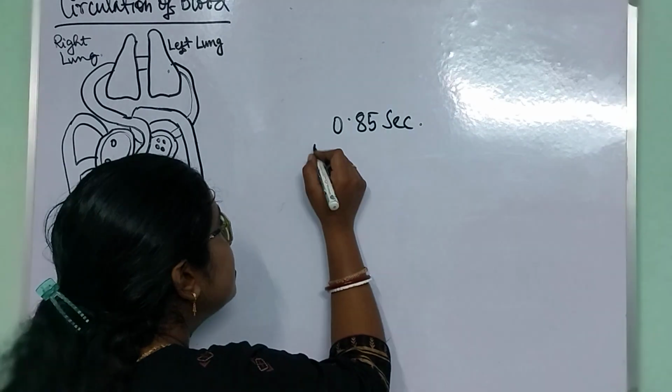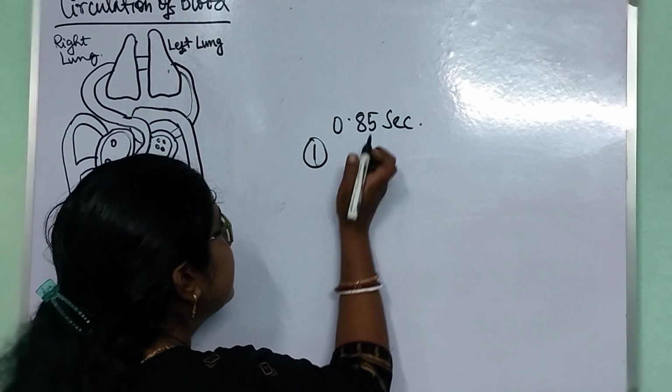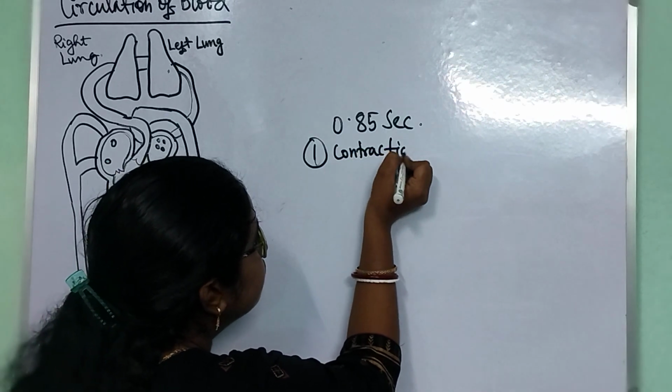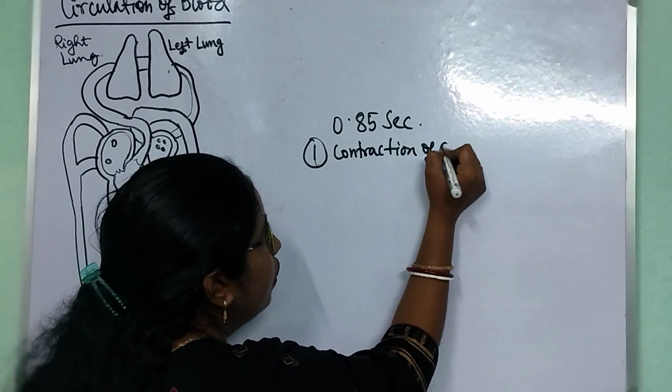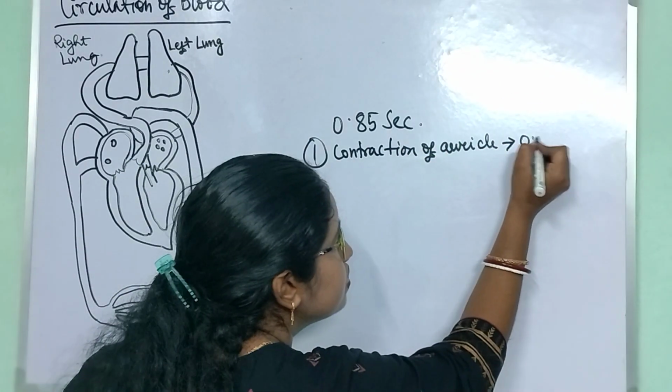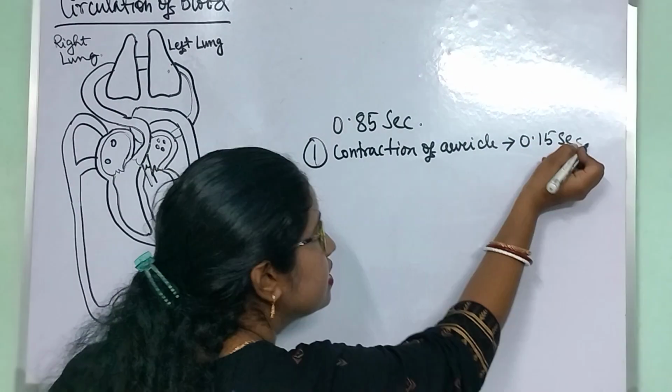Means the very first event is contraction of auricle that occurs for 0.15 seconds.